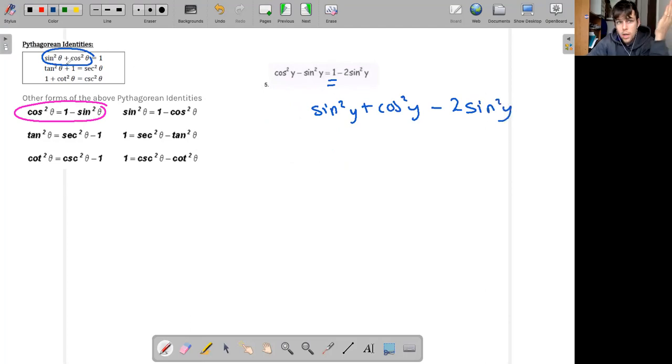Again, I'm replacing 1 with this identity here. And now you can see if I combine these together, I have 1 sine squared y minus 2 sine squared y. I'm going to end up with cosine squared y minus sine squared y, which does actually match. So it kind of works either way.